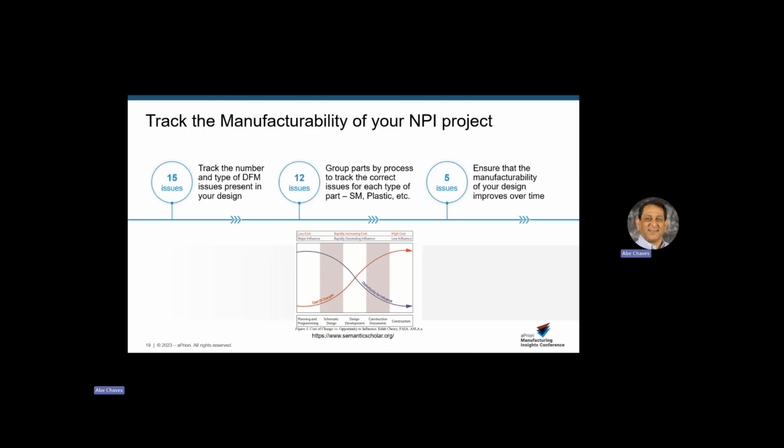It's going to allow you to track the number of DFM issues that are present in your design as it moves through time. It is also automatic. You can use the same export. So the same export that you used to track cost and weight can be used to track DFM issues.